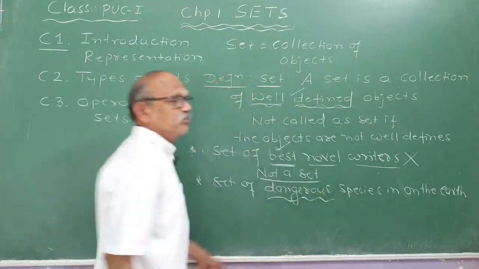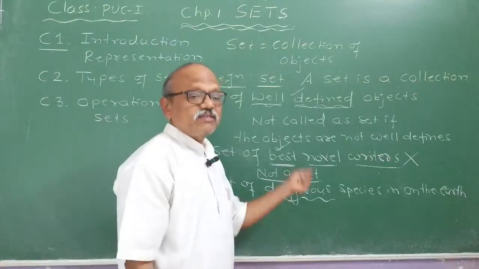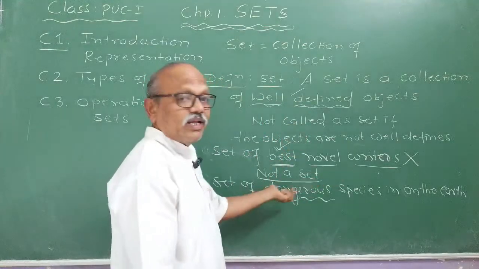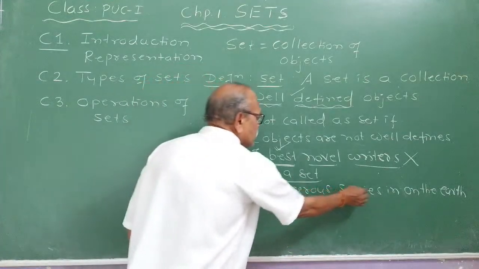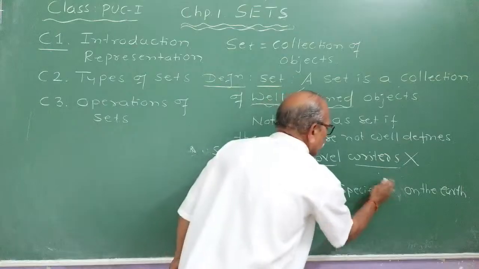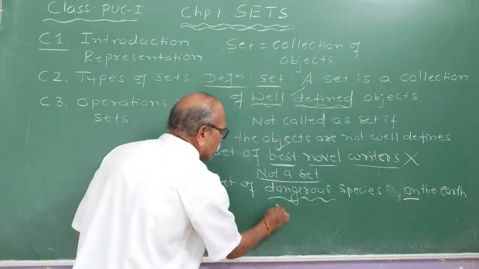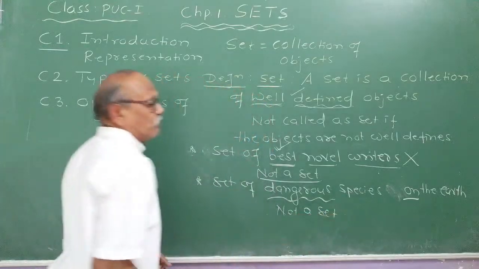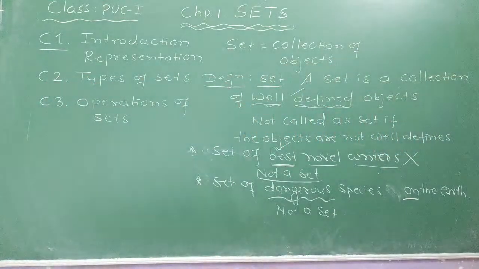Some may be visible, some not. Some bacteria and viruses we have not yet discovered. Corona was not known until it attacked. So dangerous species on the earth is not well defined. Therefore, it is not a set. Try to understand first what is not a set and what is a set.